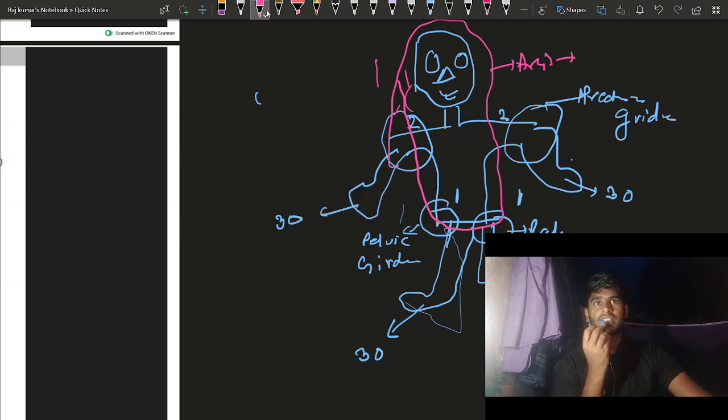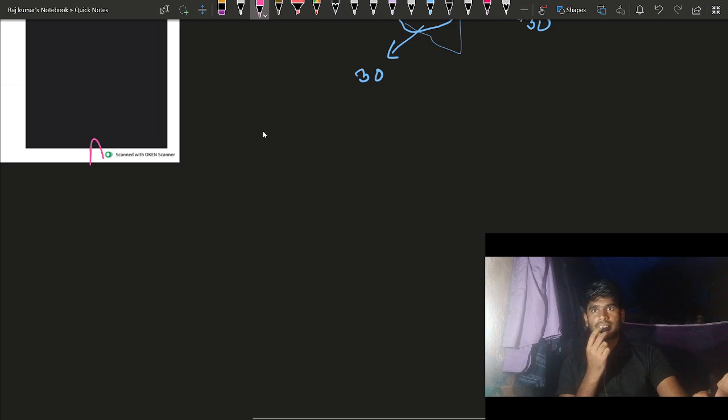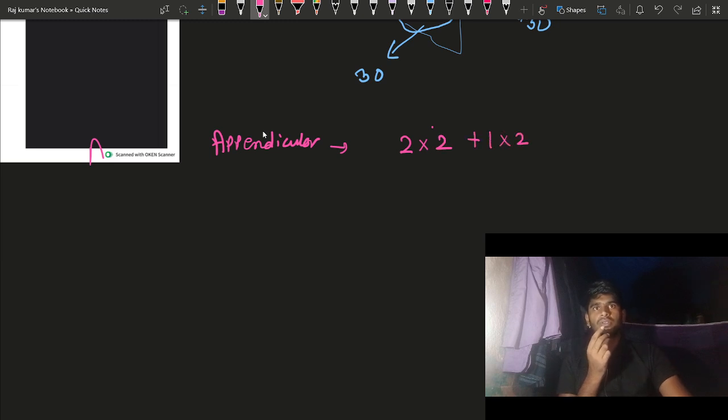My pen is not working, that's why my writing is like this. So the axial skeleton has a total of 80 bones, and appendicular is 2 into 2 plus 1 into 2 plus 30 into 4. When we calculate this, 2 twos are 4, plus 2 ones are 2, plus 120. So the total appendicular bone count is 126.